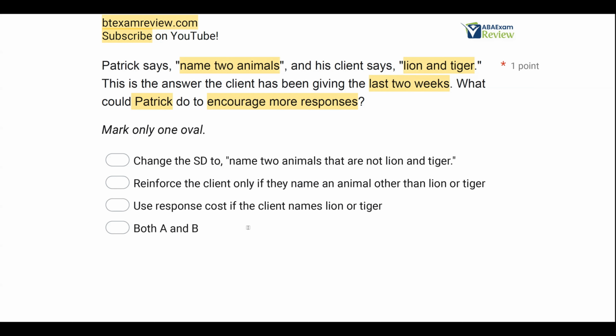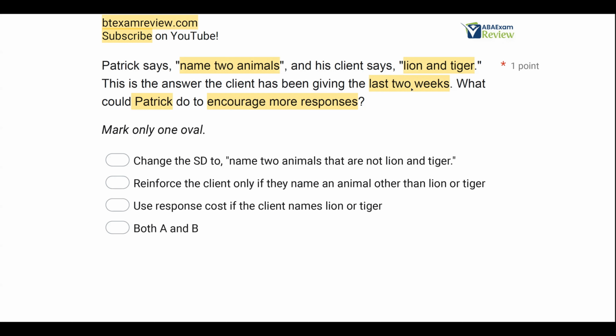Use response cost if the client names lion or tiger. Now, what is wrong with C? Well, think about what a response cost is. A response cost is a punishment procedure. And if we're going to use a punishment procedure, we're going to reduce a behavior. If Patrick wants to increase and encourage more responses, he's going to need something more reinforcing, or he's going to need to change the antecedent.